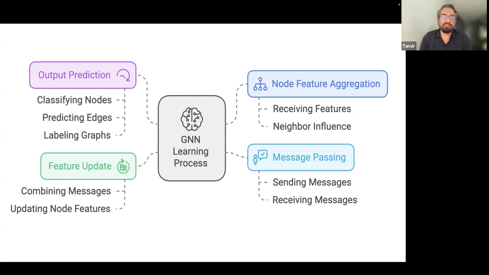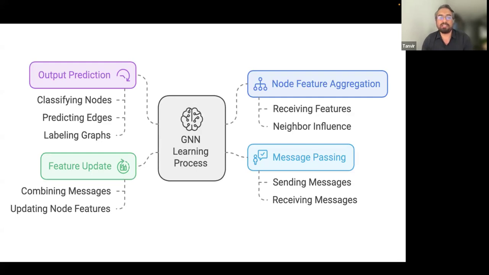After that, a feature update happens where it combines all these messages together to update the features of each and every node, so that the spatial information is collected and we can capture the relationships between different atoms and how they're connected by bonds as well.